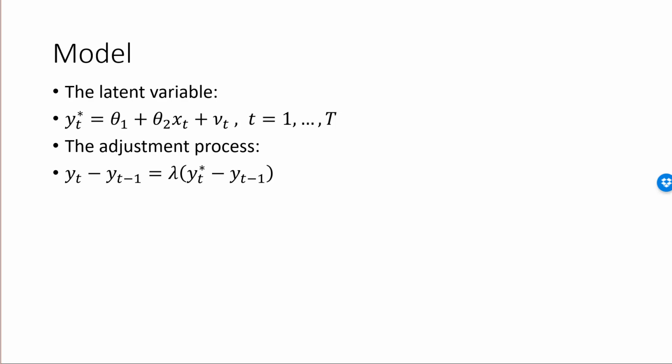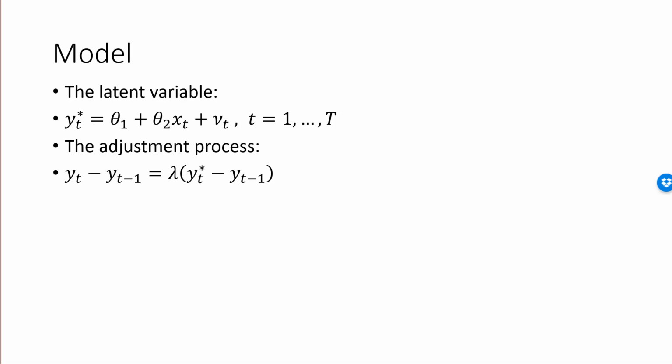Well, the actual increase in yt, the left hand side, is a proportion of this, and this proportion is determined by the coefficient lambda. Say for example that yt star minus yt minus 1 is 1. In an inertia-free environment, yt would increase by 1 unit. If lambda is, say, 0.4, then the increase that we would observe in yt is 0.4 and not 1.